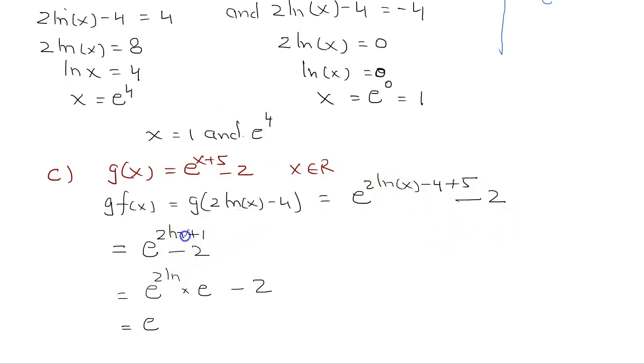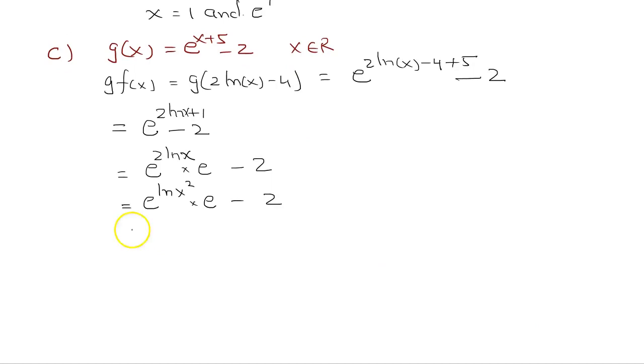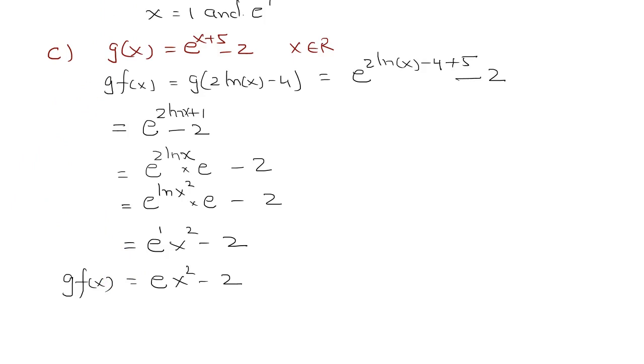So e to the power ln x square multiply e minus 2. So this will be equal to e, e to the power ln x square means x square, minus 2. So that is the answer, e x square minus 2. That is gfx. That is the answer, part C.